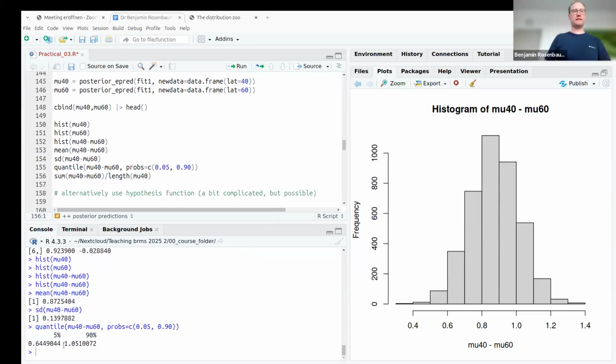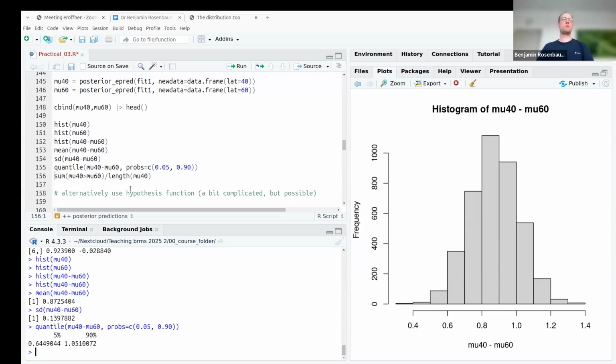Or for instance, quantiles. And here you see that the quantile of the difference does not cover 0. So we are pretty sure that there is a difference between plant height at 40 and 60 degrees latitude.